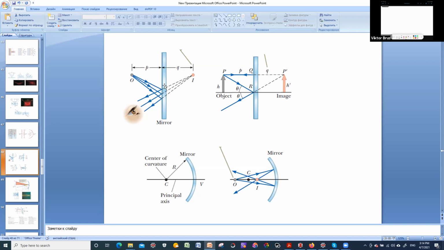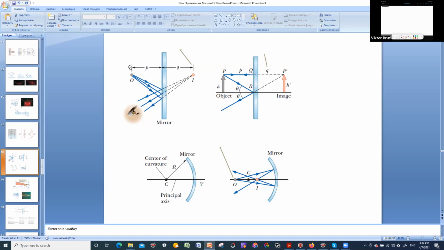And if we extrapolate these reflected rays from the surface of the mirror towards their interception, we will get some point I, which is actually the image of our object O.